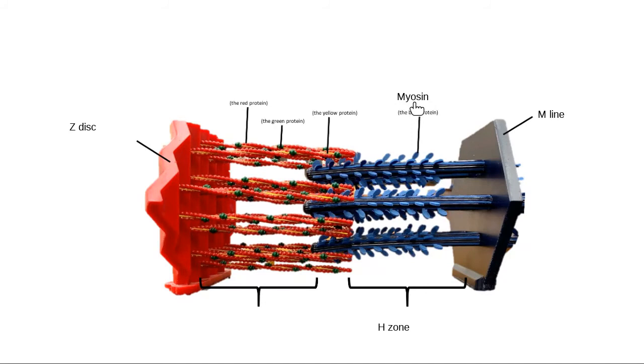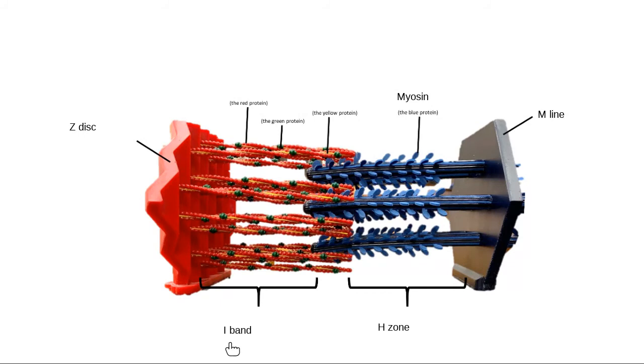The parts of the sarcomere where we only have myosin, only have the blue protein here, those are called the H zone. The parts of the sarcomere where I only have this red filament, the thin filament, these areas are called the I band. The I band.